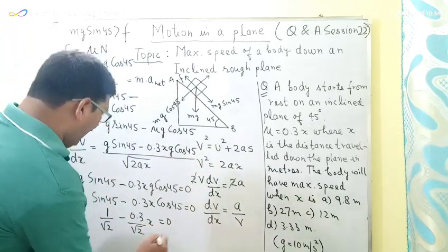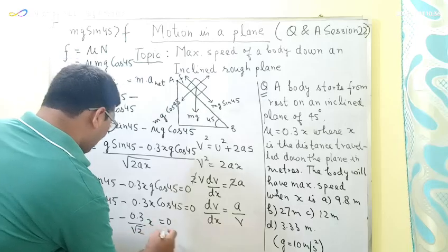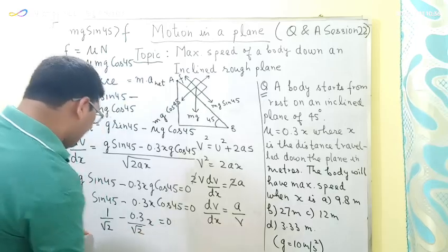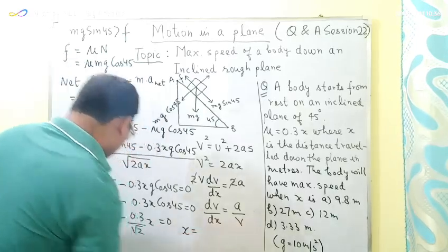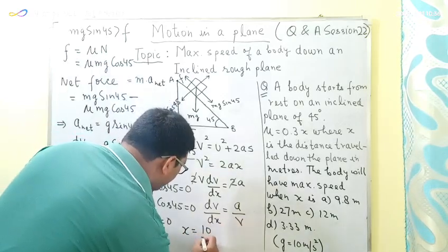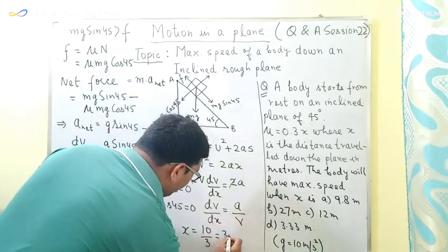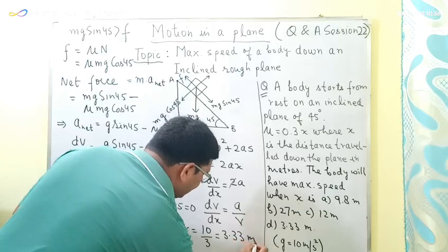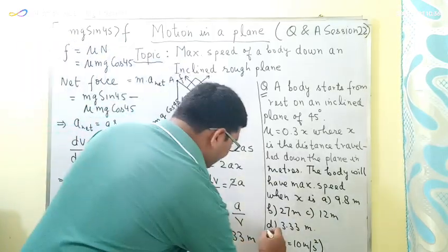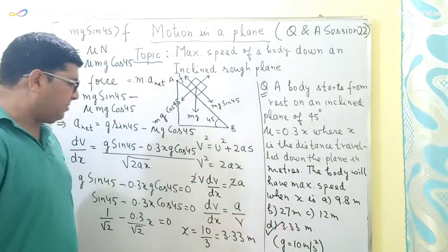From here I get x is equal to 10 upon 3, or 3.33 meters. So the correct option is D, that is 3.33 meters.